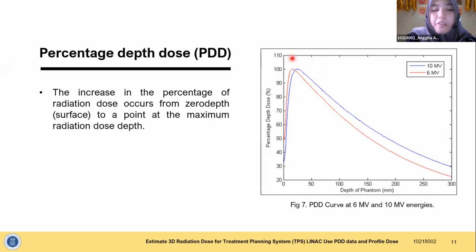When the atomic electrons that come out due to the hard collision have a high speed, then the atomic electrons also contribute to an increase in the radiation dose in the build up area. After passing through the build up area, the percentage of radiation dose decreases exponentially. That's my answer.